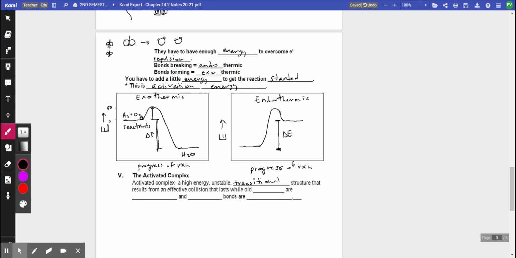So the two molecules have collided in the correct orientation with the correct amount of energy, and the old bonds are breaking and new bonds are forming at the same time.